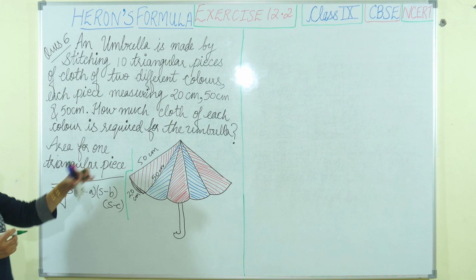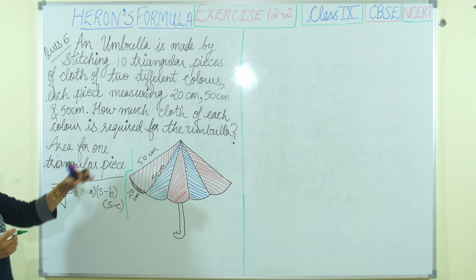Now the other color. The area of the other 5 triangular pieces, for understanding you can write blue, will be equal to 5 into 200 under root 6.